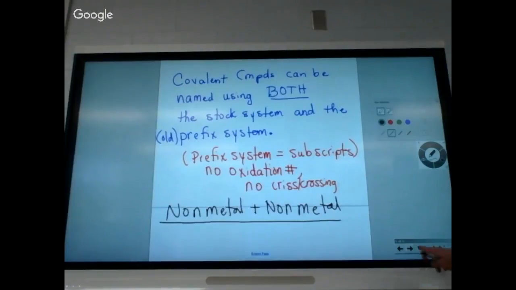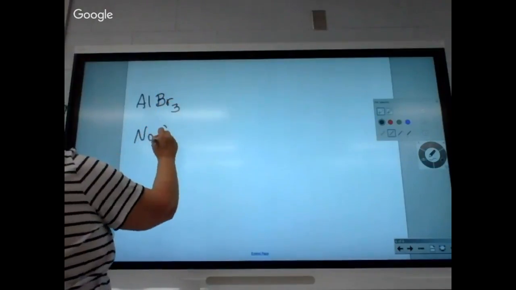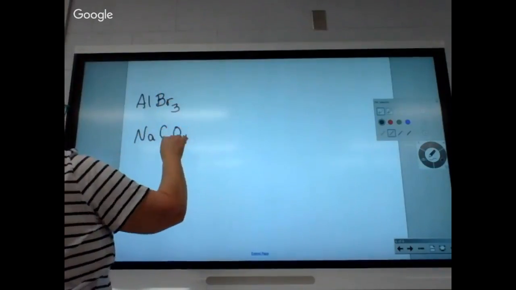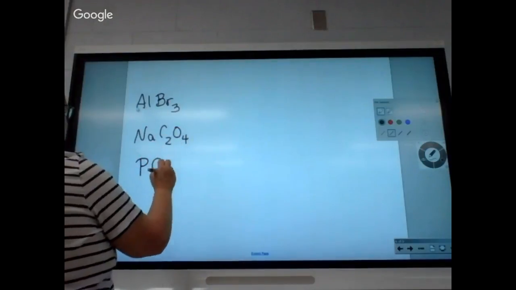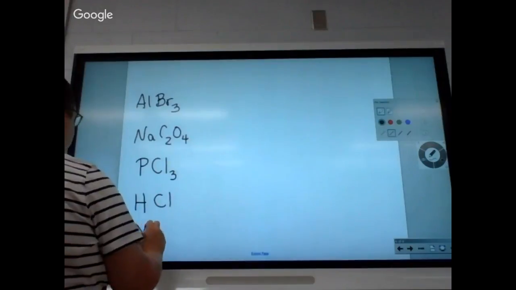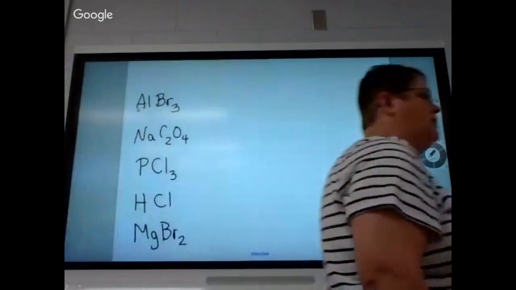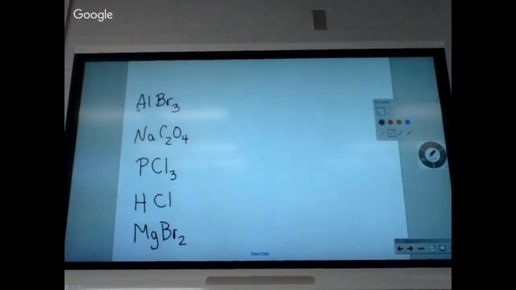So, if we have a list of compounds, let's just say we have AlBr3, NaC2O4, PCl3, HCl, and MgBr2. Tell me where I can use old system in that list of compounds. Can I use old system anywhere? Or where can I use old system? Anybody?